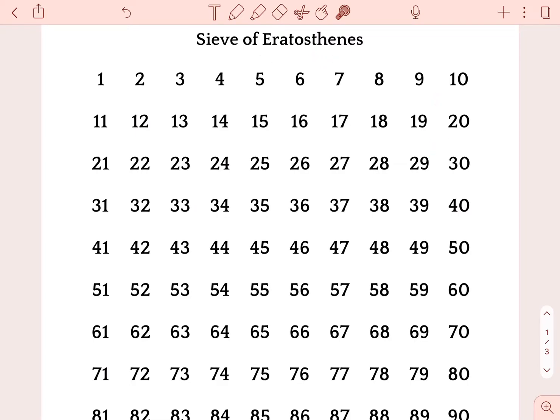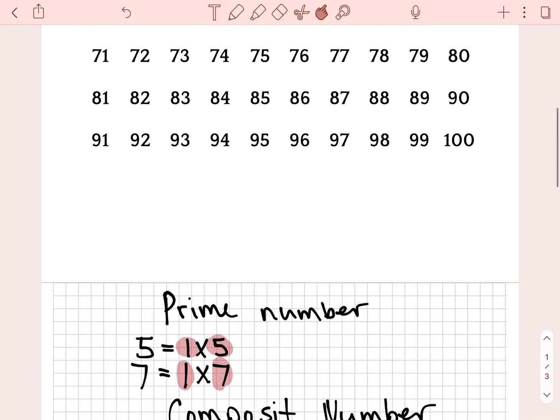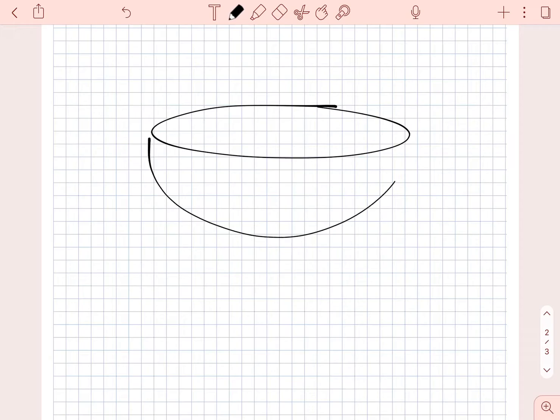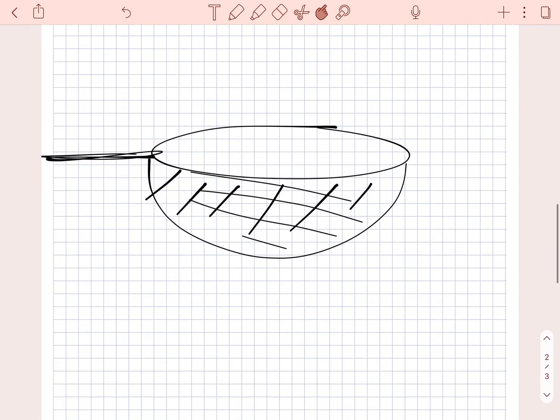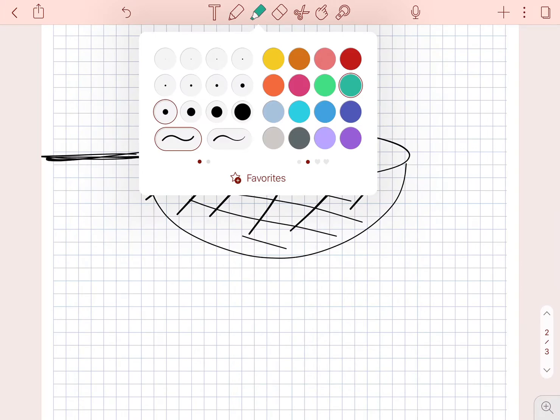What is a sieve? Well, if you've ever baked before, you might have used a sieve. It's kind of something like a colander, and here's a little handle over here. What you do is you pour flour into a sieve.